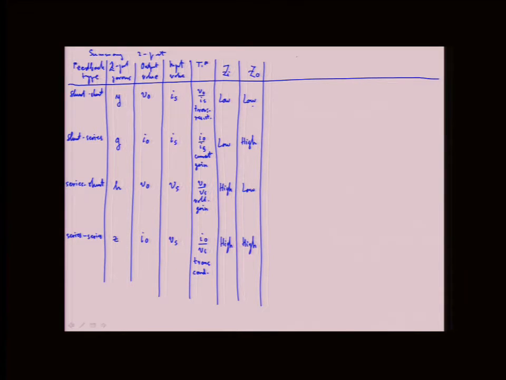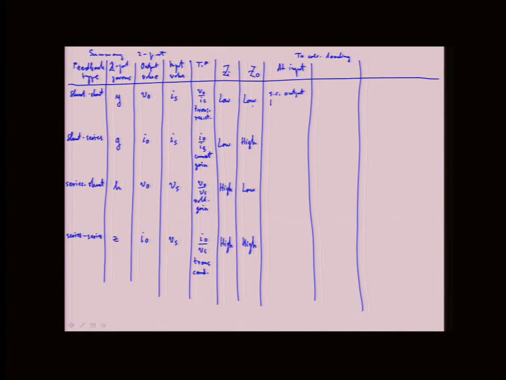So let's say, to calculate loading: for shunt, to calculate loading at the input, what do we do with the output feedback node? Yeah, so we disable the feedback, basically, right? So we short circuit the output feedback node.